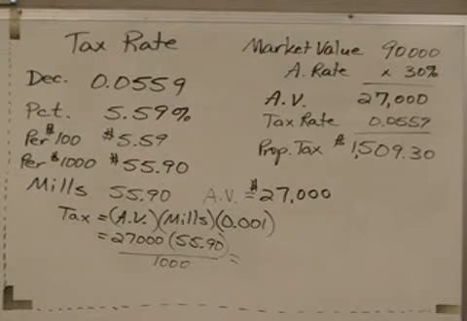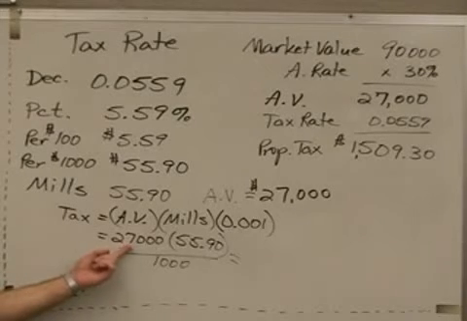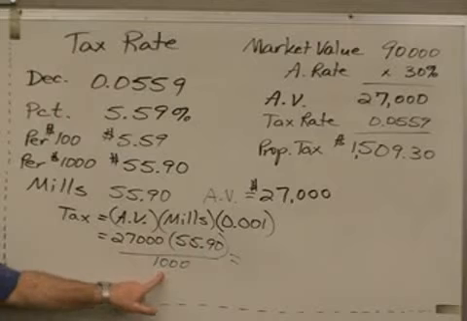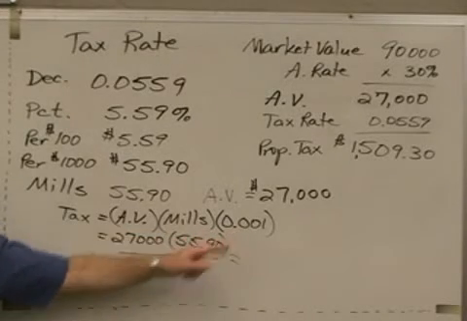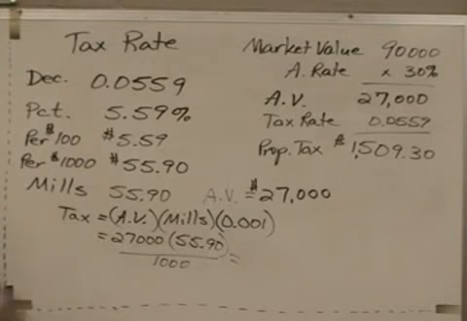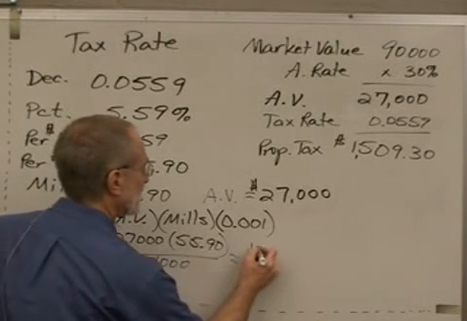Does that work? Okay. So it's assessed value times mils divided by 1,000. The book writes it this way because if you multiply by 1,000th, that's the same as dividing by 1,000. Okay. So everybody should get that 1509.30.